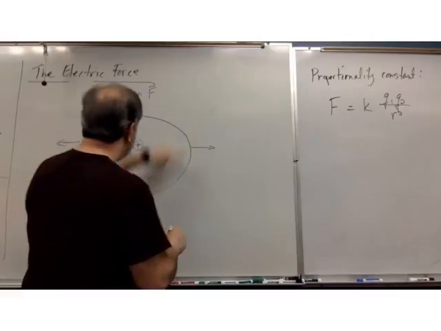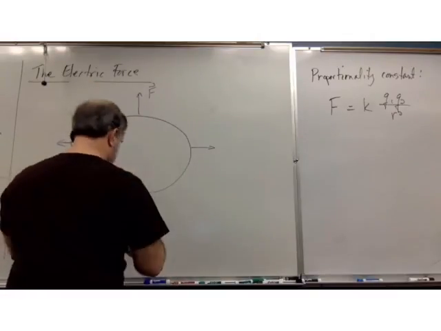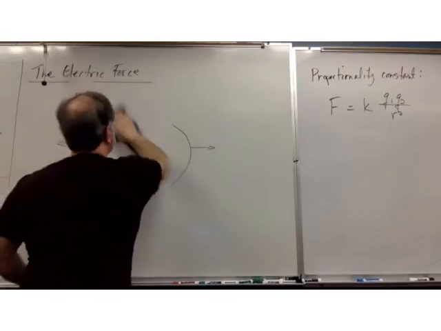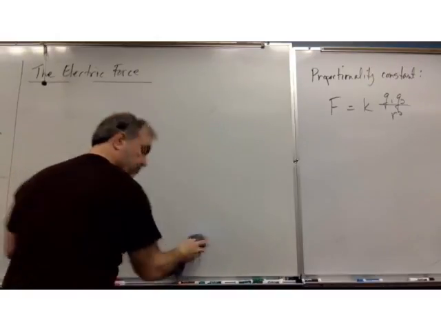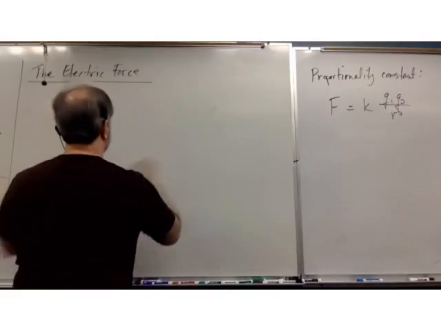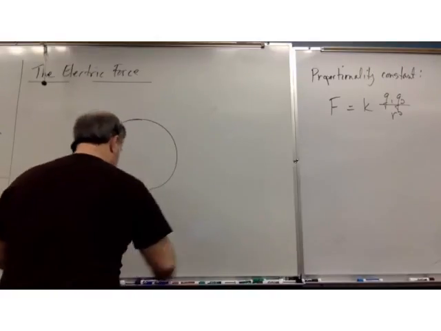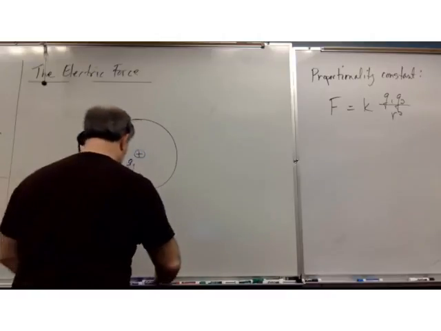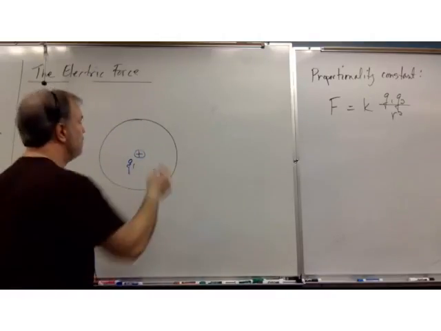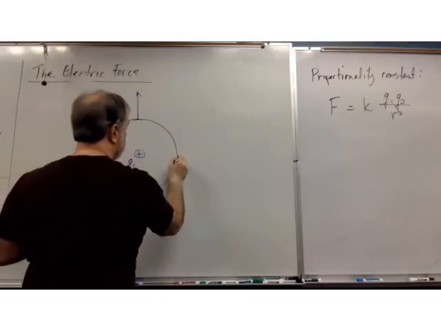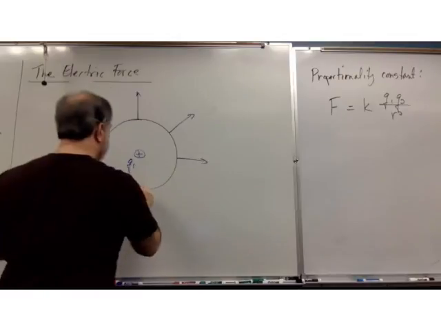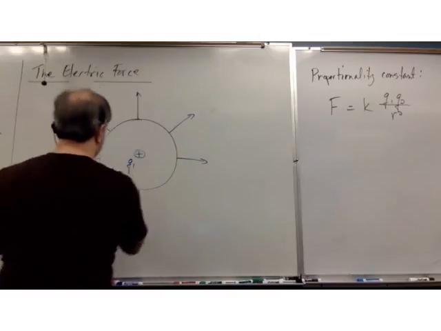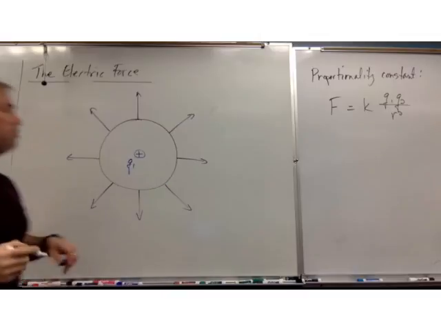Then if I put that anywhere on this perfect black circle, the force vector, assuming Q2 is a positive charge, is going to point everywhere directly away from the source charge.